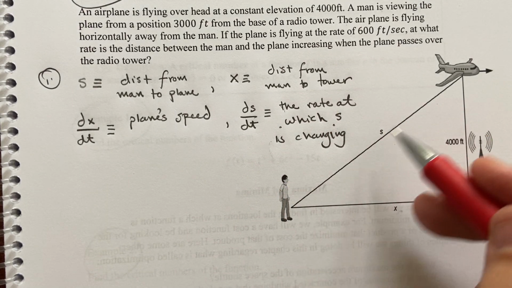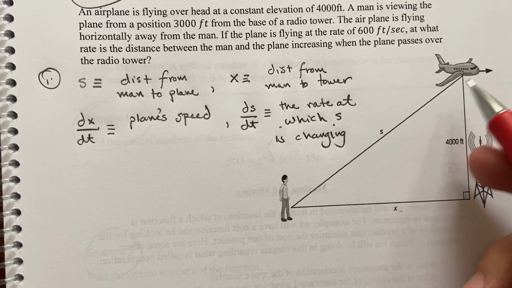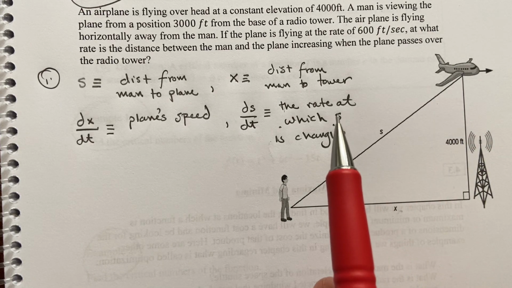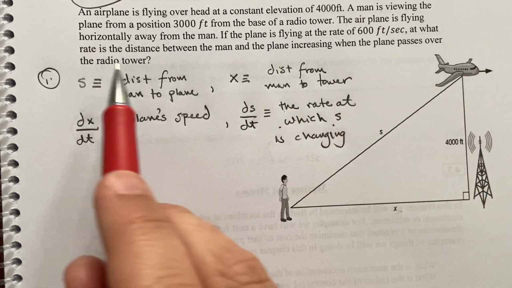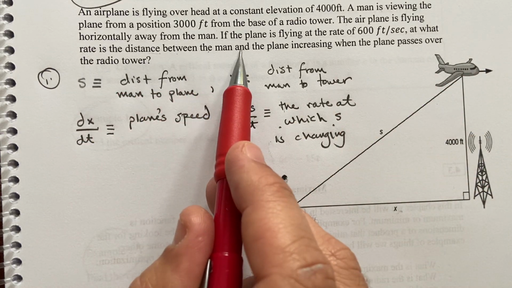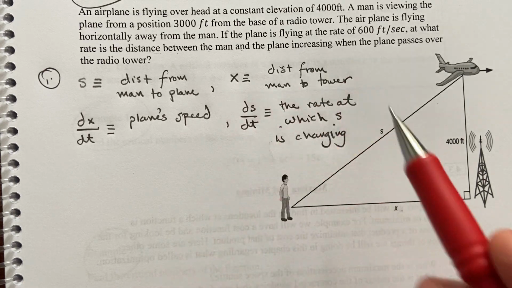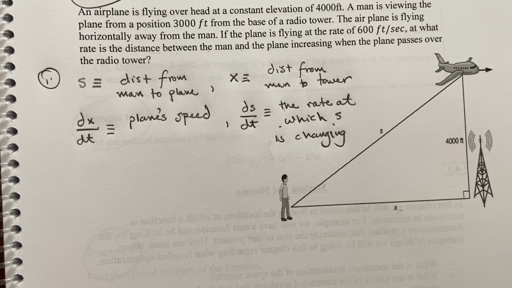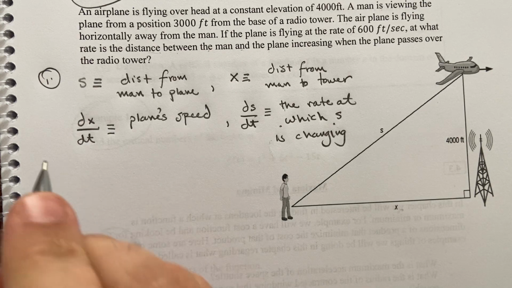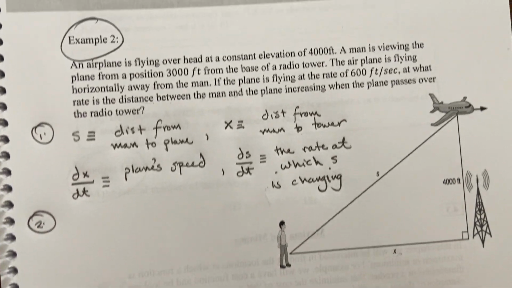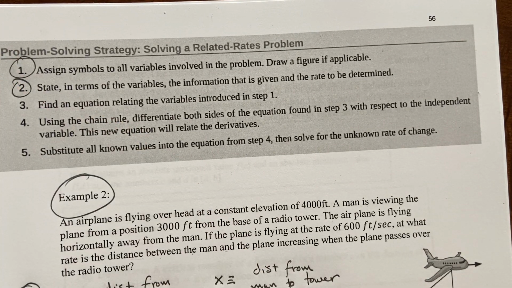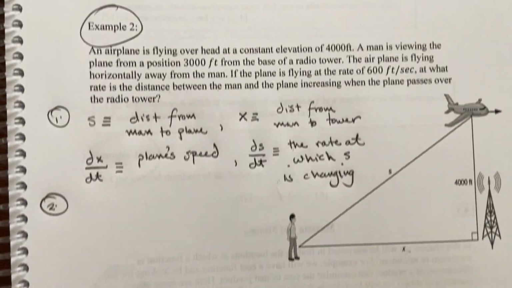In other words, the rate of change of the distance that we care about, right? Because the last part of the question said, at what rate is the distance between the man and the plane increasing? So really, we're going to be looking for ds/dt. So in part 2 of that kind of 5-step process here, state in terms of the variables the information that is given and the rate to be determined.